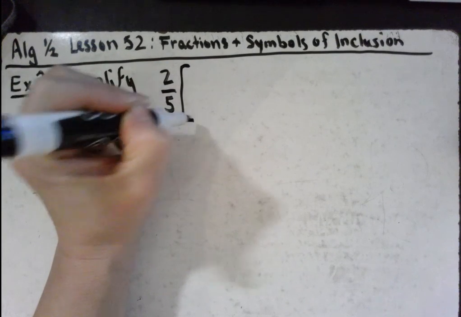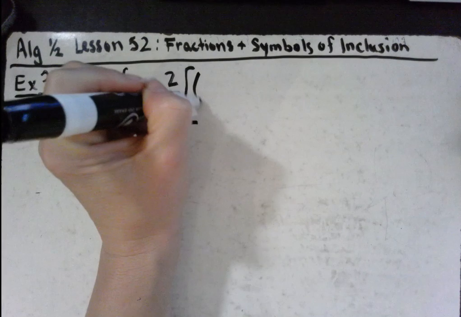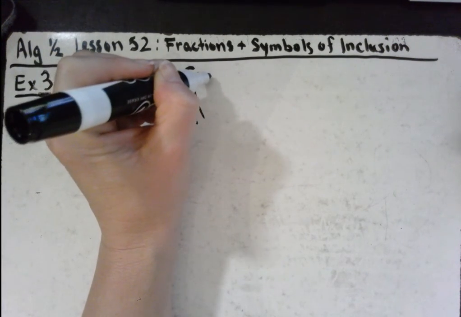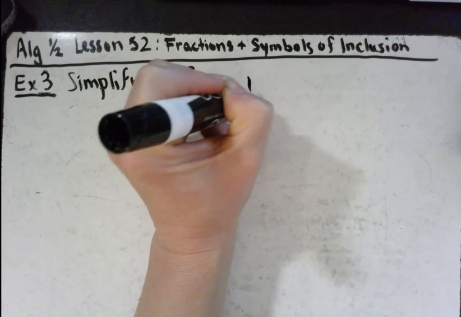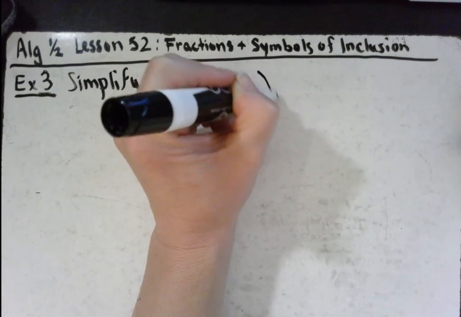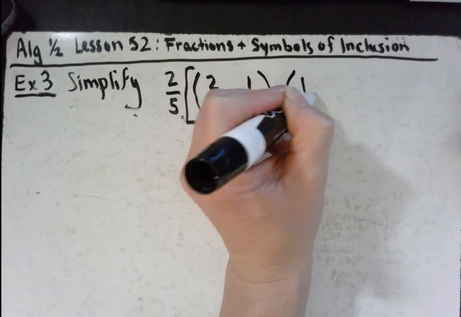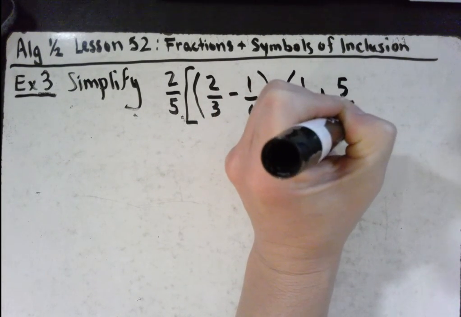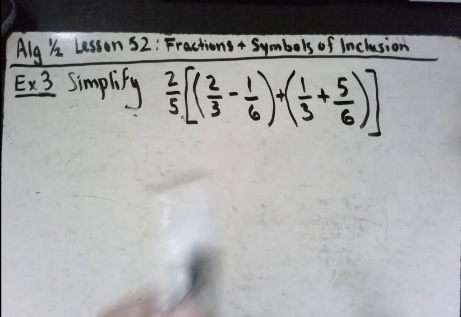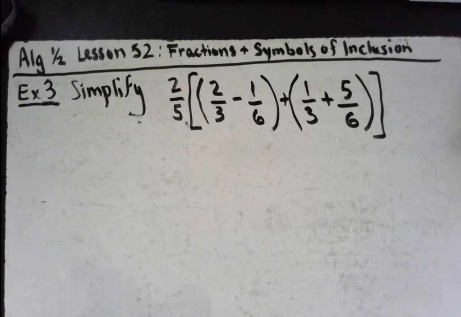And now we have some brackets, and then parentheses inside the brackets, 2/3 minus 1/6, close parentheses, plus new set of parentheses, 1/3 plus 5/6. And then we close the brackets. So go ahead and try this one on your own.